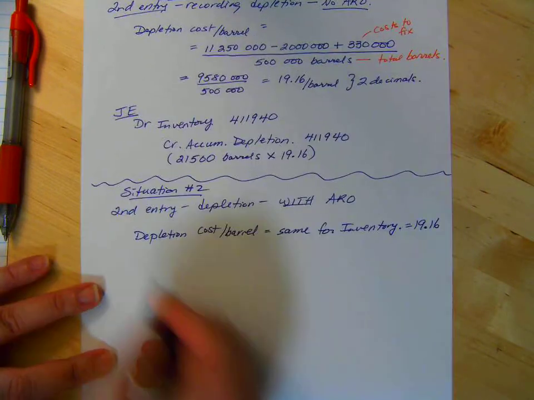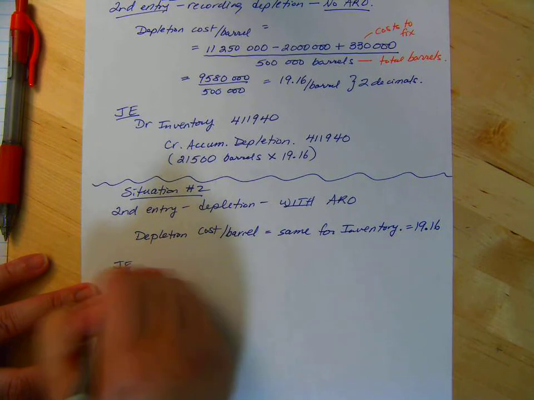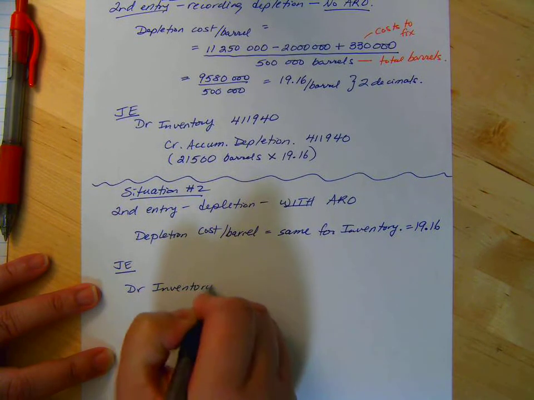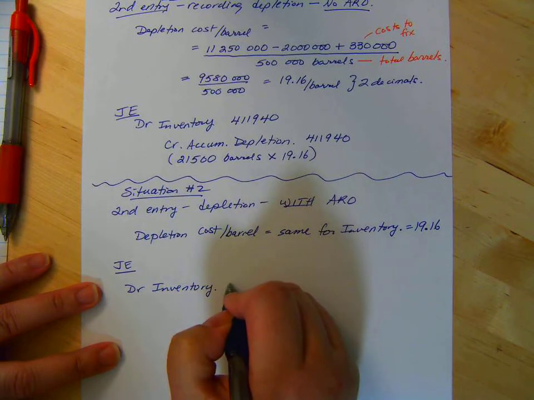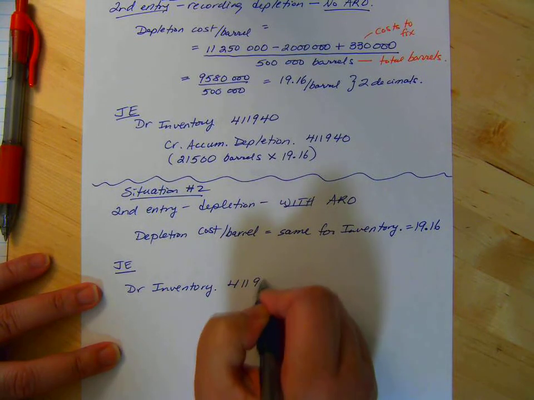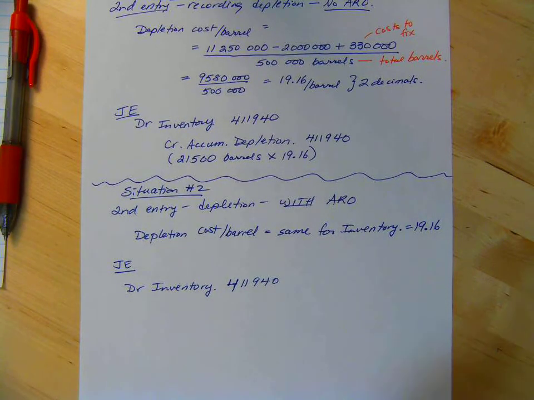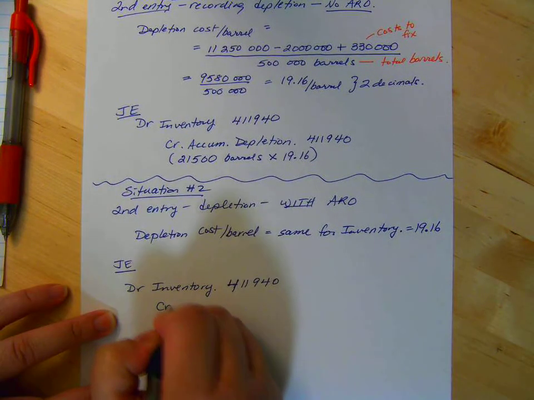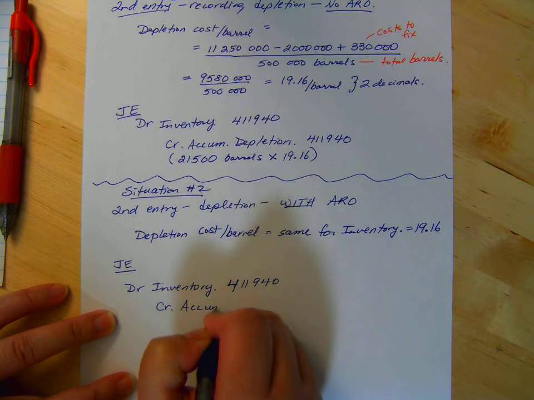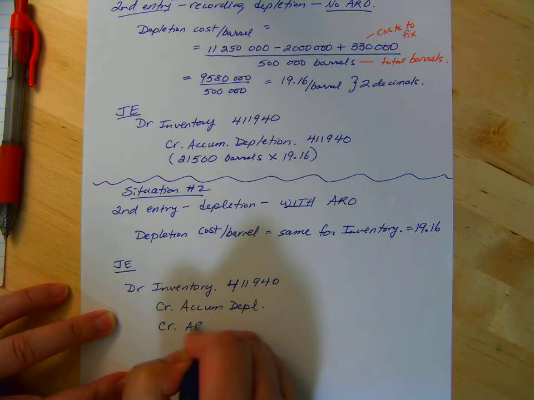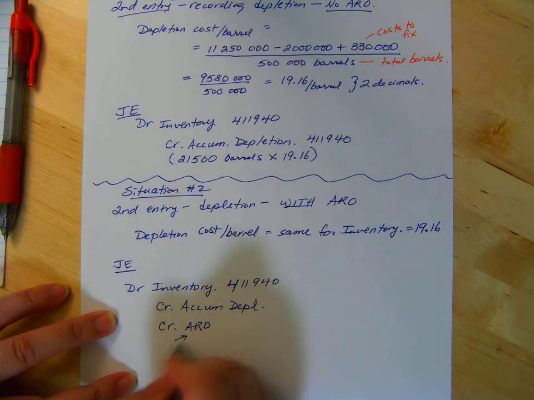So, our journal entry, we're going to debit inventory, and it is 411,940. But the difference is we're going to credit accumulated depletion and credit ARO, which is a long-term liability, just so you know.